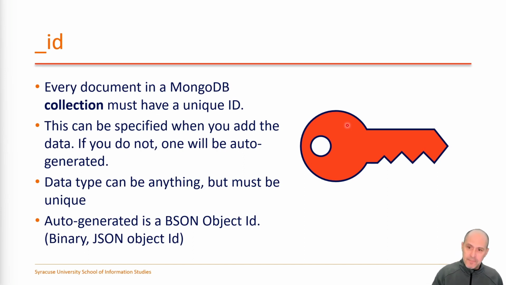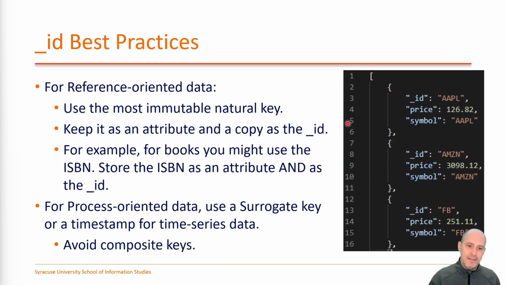So what this ends up doing is we end up having documents like this where we have an attribute symbol, and it's like, hey, I would love that to be the ID. That would be great. And then we have to copy that value again for underscore ID. This is a pretty standard practice in the doc world. You don't want to not have symbol here and only have underscore ID, because then we don't know what this is.